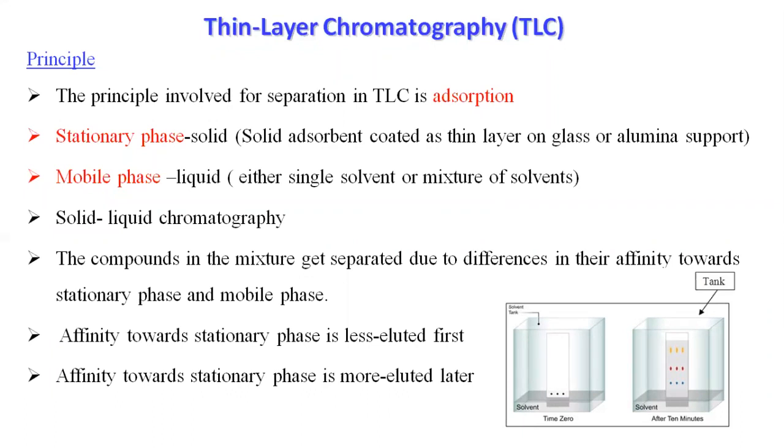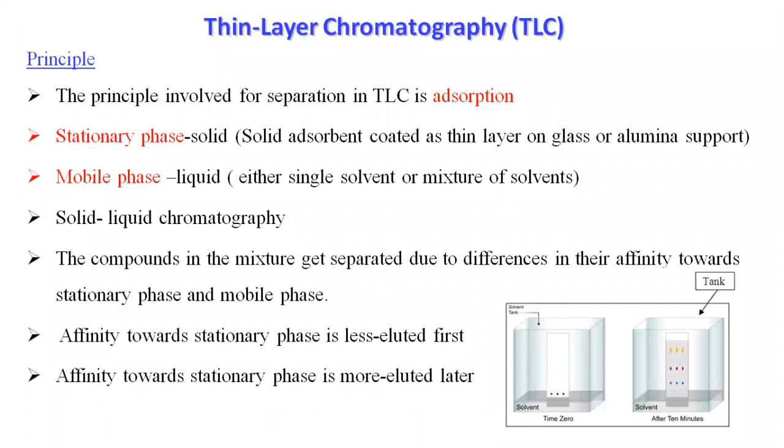The principle is adsorption. When a mixture of samples is applied on the thin layer of the adsorbent at the baseline and we place it in the mobile phase chamber, as represented in the diagram, the compounds travel according to their affinity.